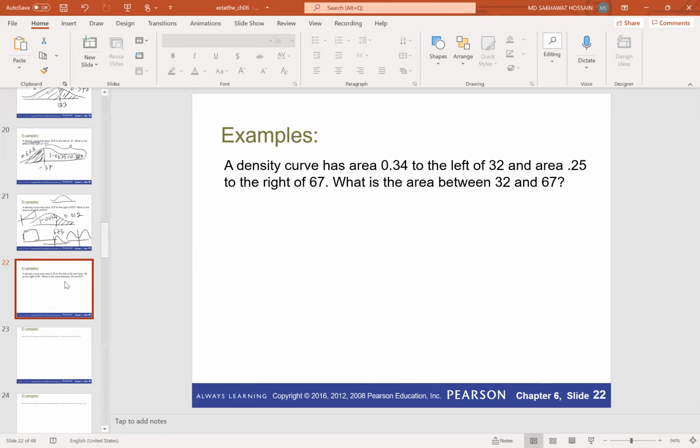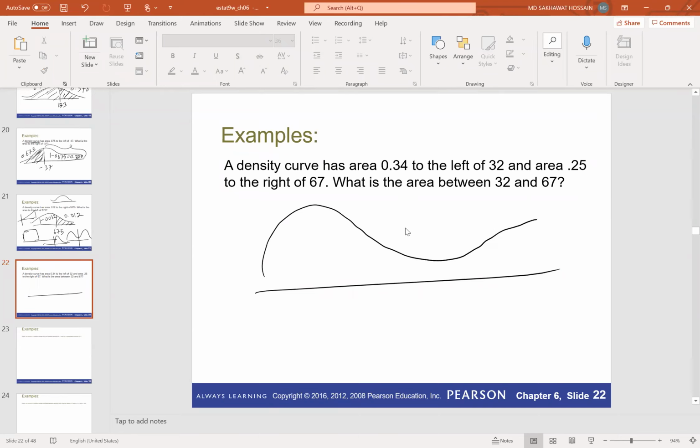Examples: a density curve has area 0.34 to the left of 32. Let's consider a density curve. We have two numbers, 32 and 67.